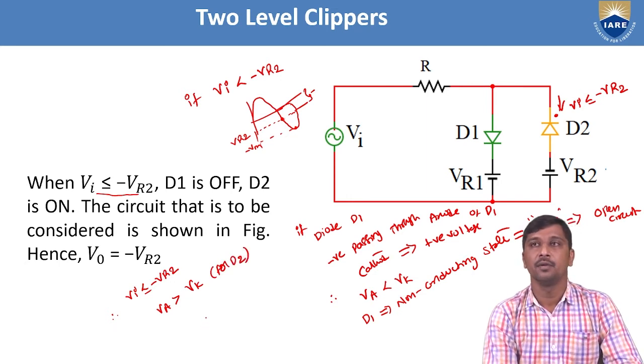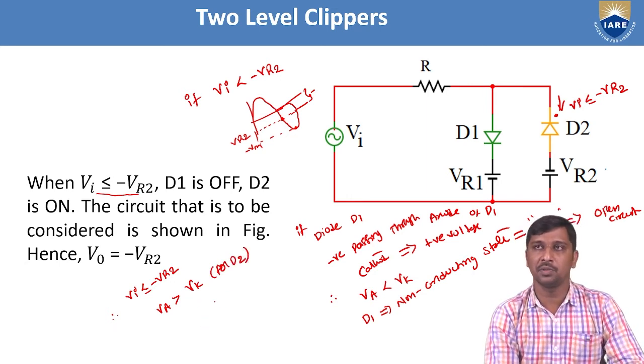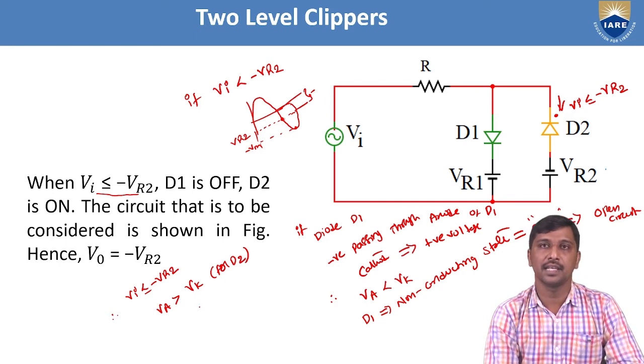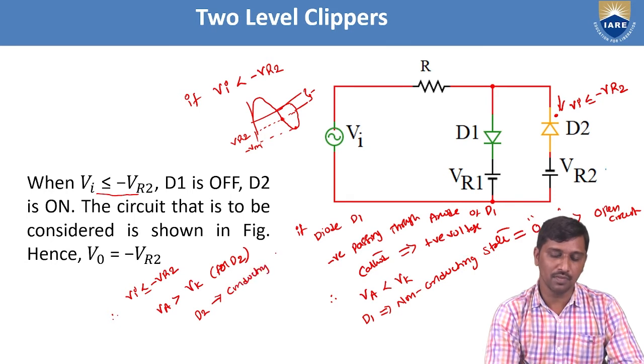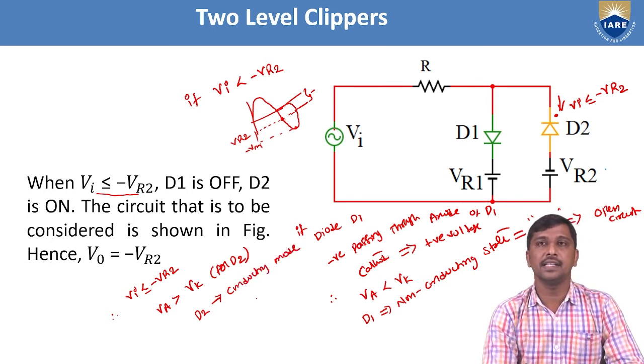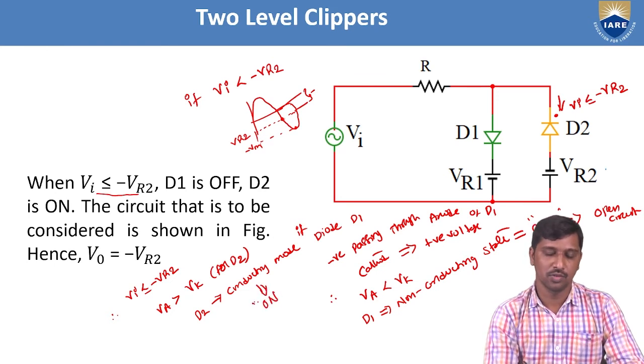We know that if the anode voltage is greater compared to the cathode voltage, that particular diode acts in conducting mode. Hence, at this point, diode D2 acts in conducting mode. If it is conducting mode, that state is represented as the on state. So, if it is on state, it should be replaced with a short circuit here.